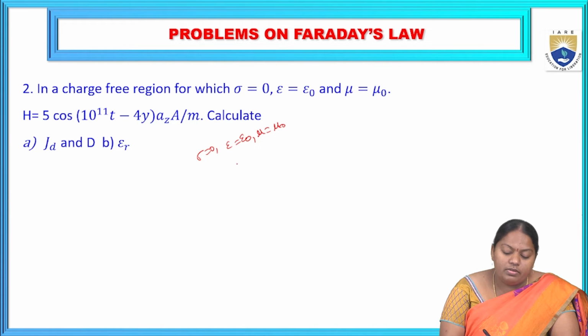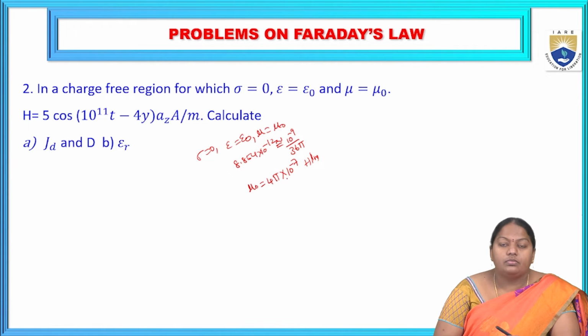We know the ε₀ value is 8.854 × 10^-12, which is approximately 10^-9/36π, and the μ₀ value is 4π × 10^-7 henry per meter. So ε = ε₀ and μ = μ₀.